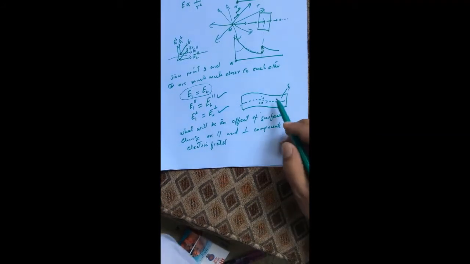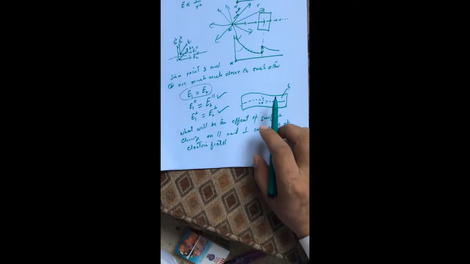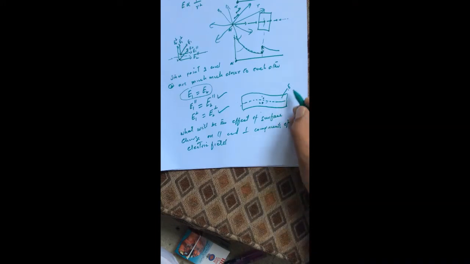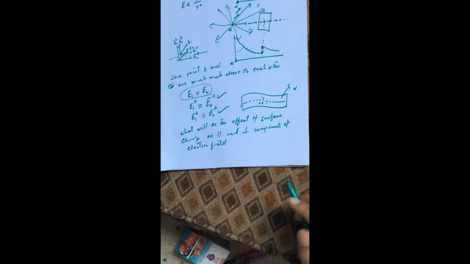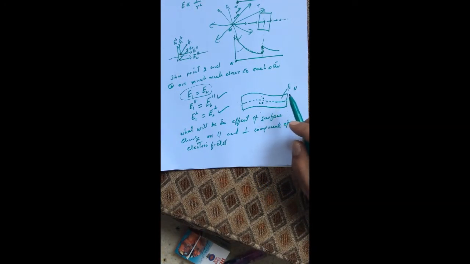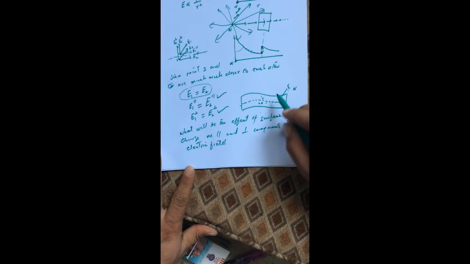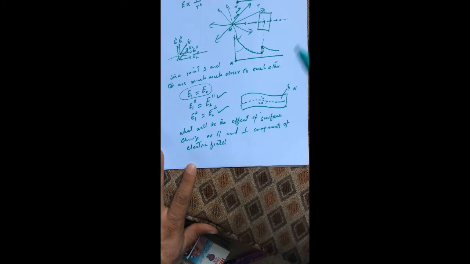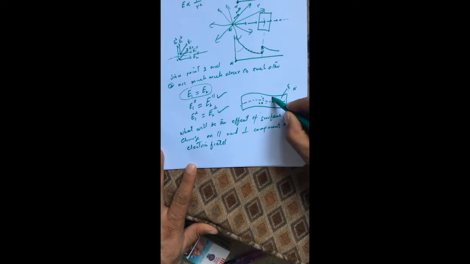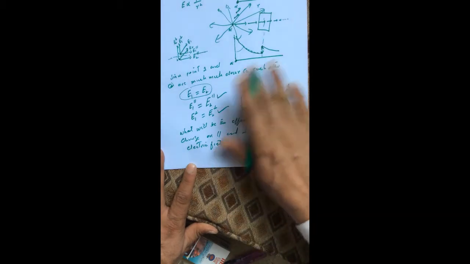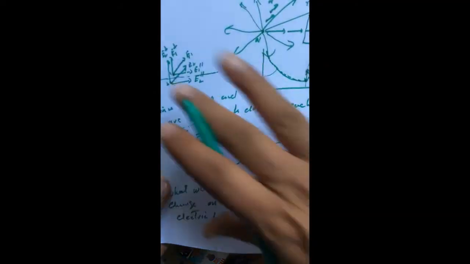Now this is a surface and this surface has a charge. Let's suppose this surface has a charge Q. Then this surface has its own electric field. The upper surface electric field is upward, and this is the lower surface.